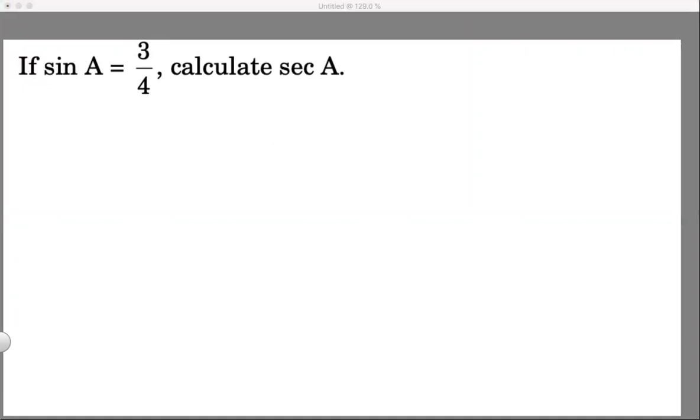Okay, so this type of question comes almost every time, right? So you can use an identity or something and do it, but the simplest way to do it is this, right? Sin A is 3/4, so this is 3 and this is 4, right? So what is this?